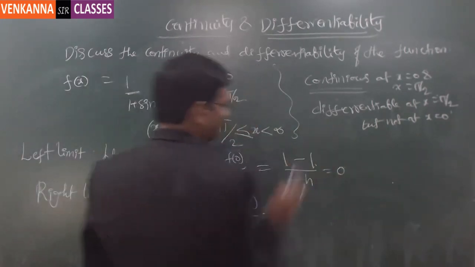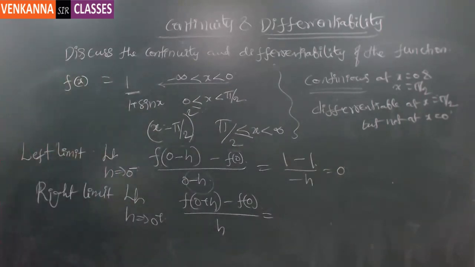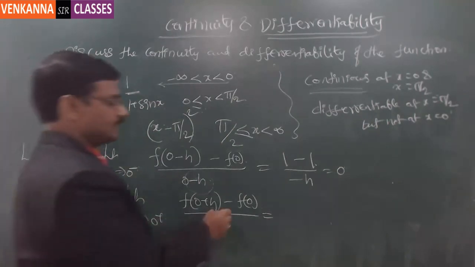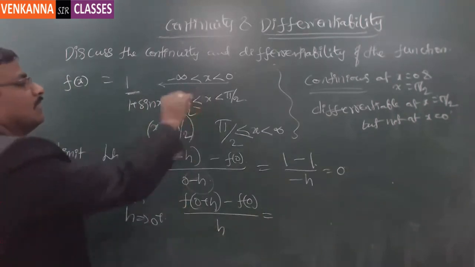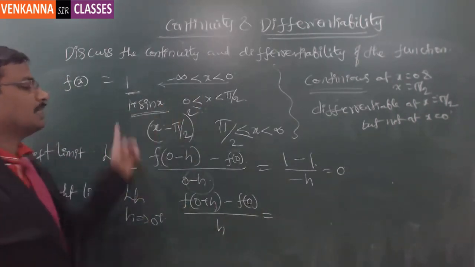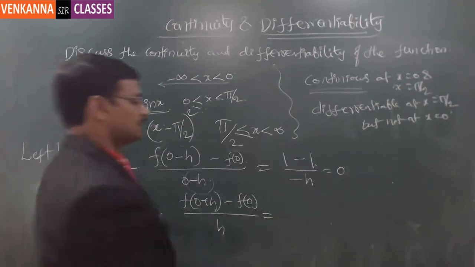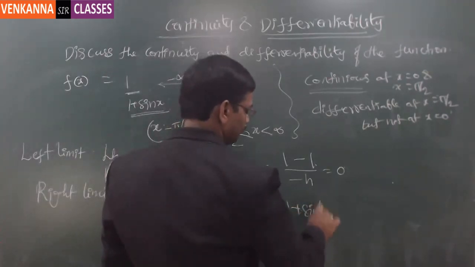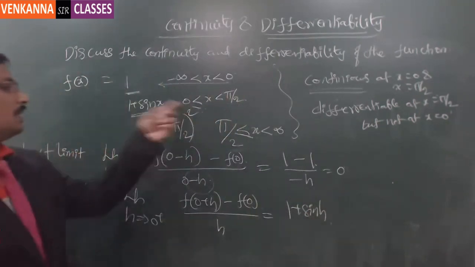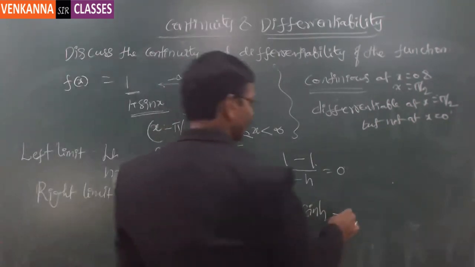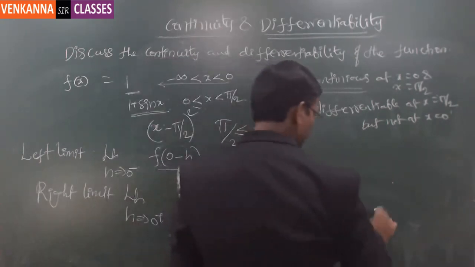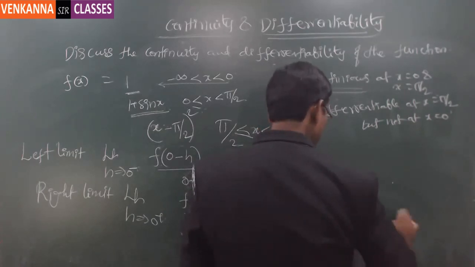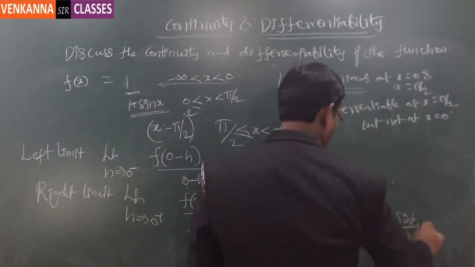This value is coming out to be 0. This is the left limit. And the right limit is limit h tends to 0 plus, f of 0 plus h minus f of 0, divided by h. Now 0 plus h, that is the right side of 0, is this function, 1 plus sin x. So 1 plus sin x is nothing but 1 plus sin h. And then f of 0, if you substitute 0 here, will be 1, and then the denominator is h. So this value is limit h tends to 0 of sin h by h, and this value is 1.